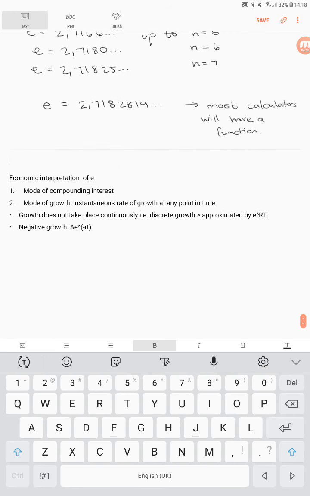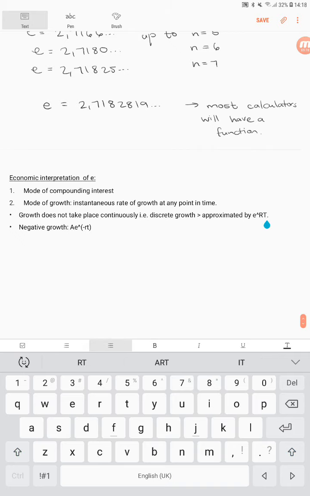So what is the economic interpretation of e? The first is that it's our mode of compounding interest, and the second is that it's the mode of growth. Specifically, it's our instantaneous rate of growth at any point in time. But we know that growth does not take place continuously. For example, we have discrete periods of growth.